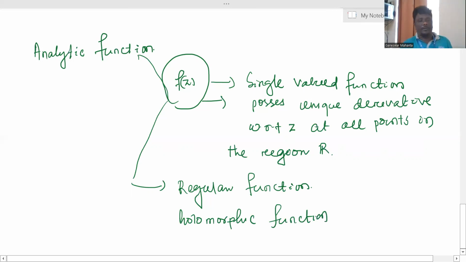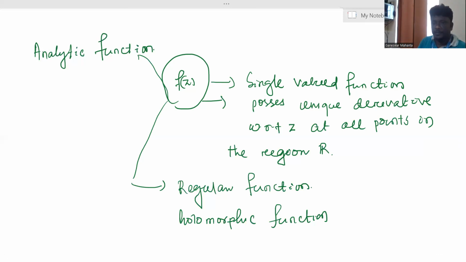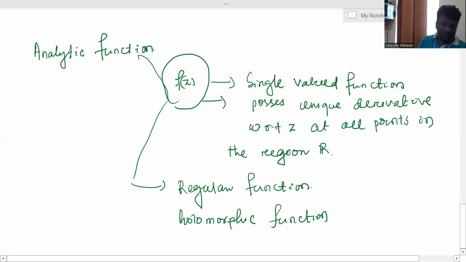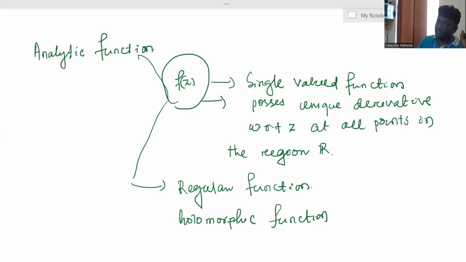The author name of the analytic functions is also explained here. A function which is analytic everywhere in the complex plane is known as an entire function. This is described only for the complex plane.